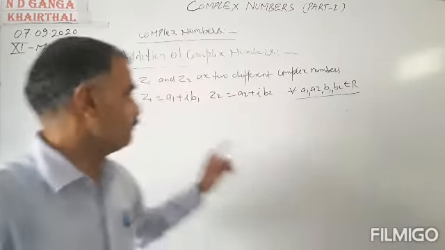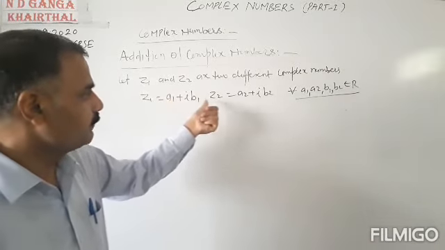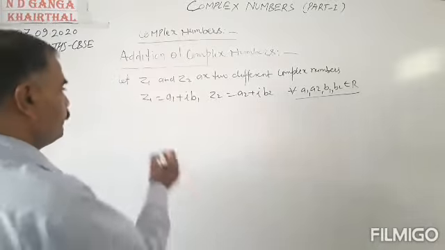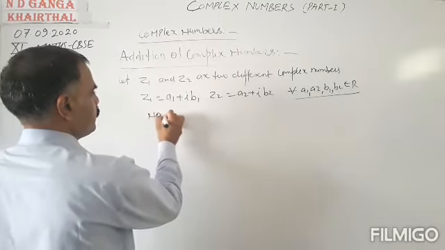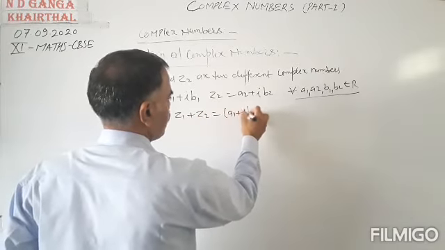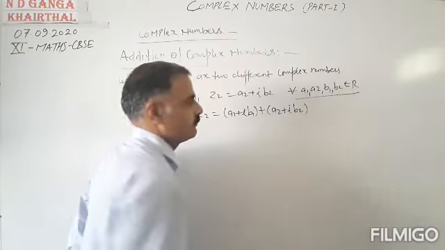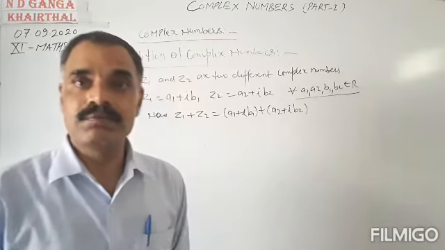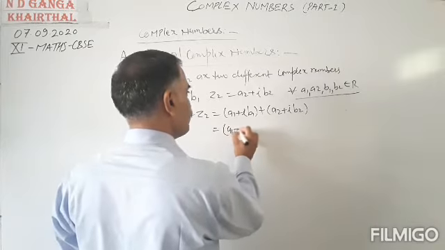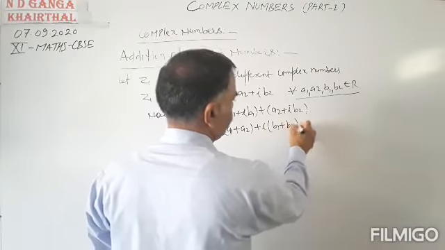The complex number is constituted of two parts, that is real part and imaginary part. Now we will add these two numbers, means we will find z1 plus z2. z1 plus z2 is equal to a1 plus iota b1 plus a2 plus iota b2, which is equal to a1 plus a2 plus iota times b1 plus b2.